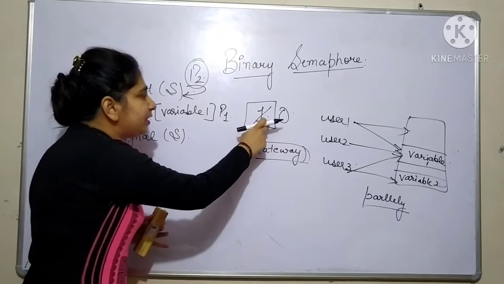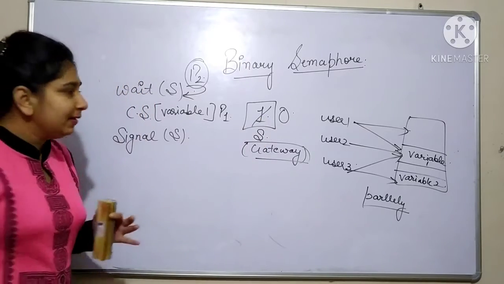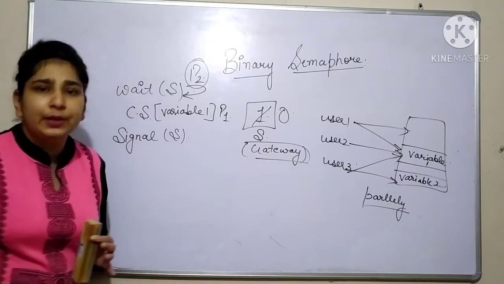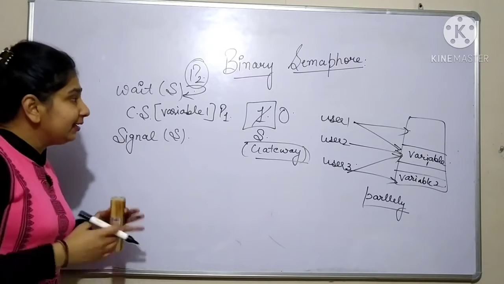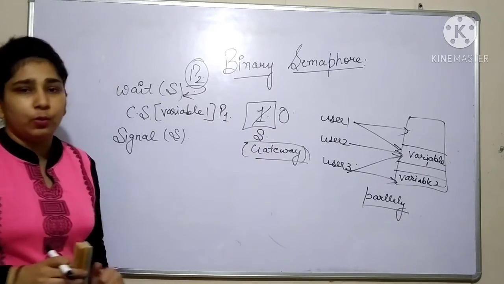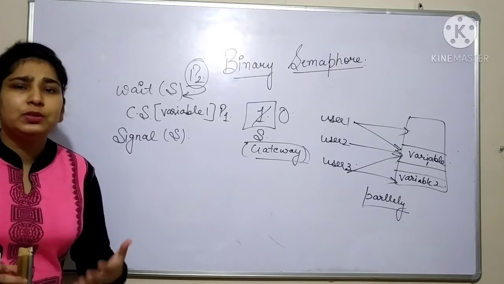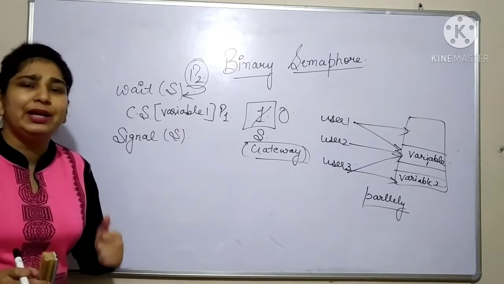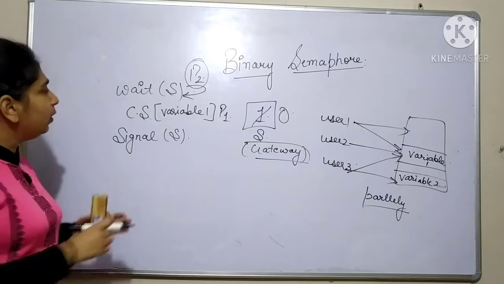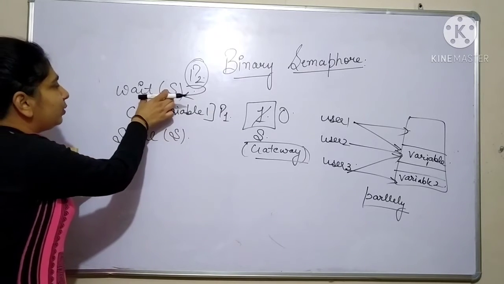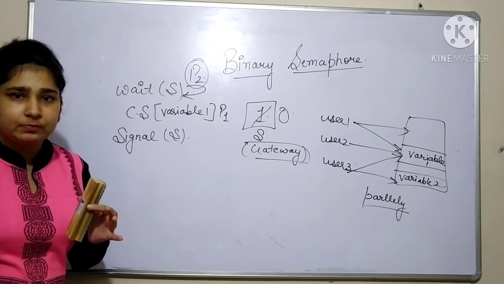If the value of the semaphore variable is 1, then it would make it 0. Now it is already 0, and 0 means no process or user request can enter into the critical section. So it is going to be stuck in the loop here.